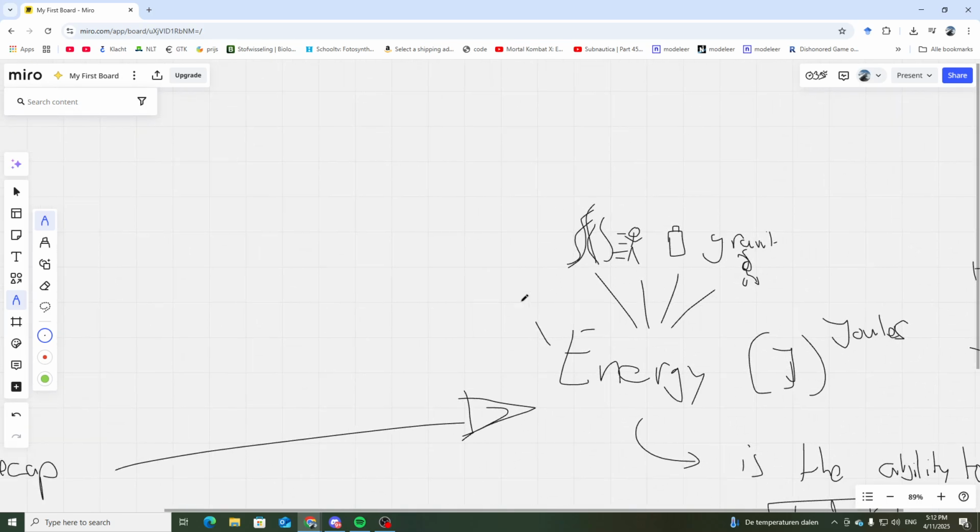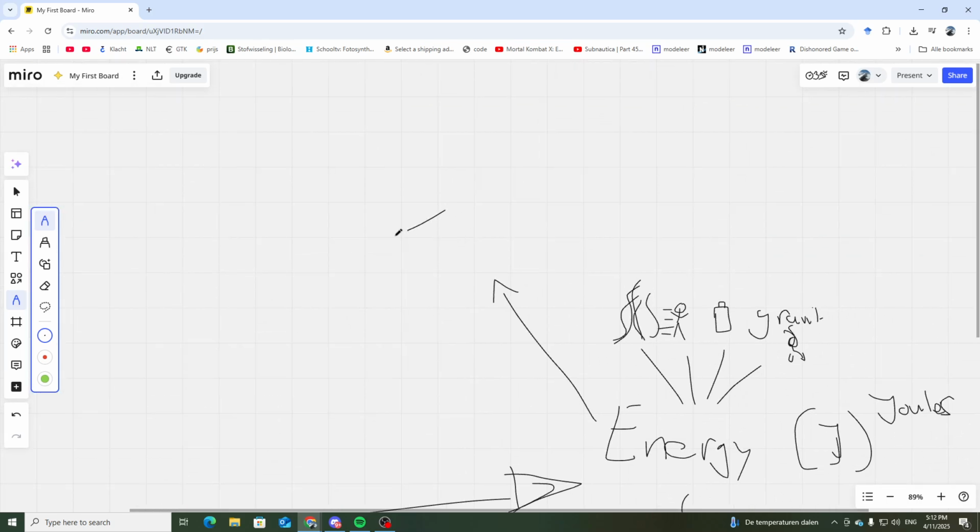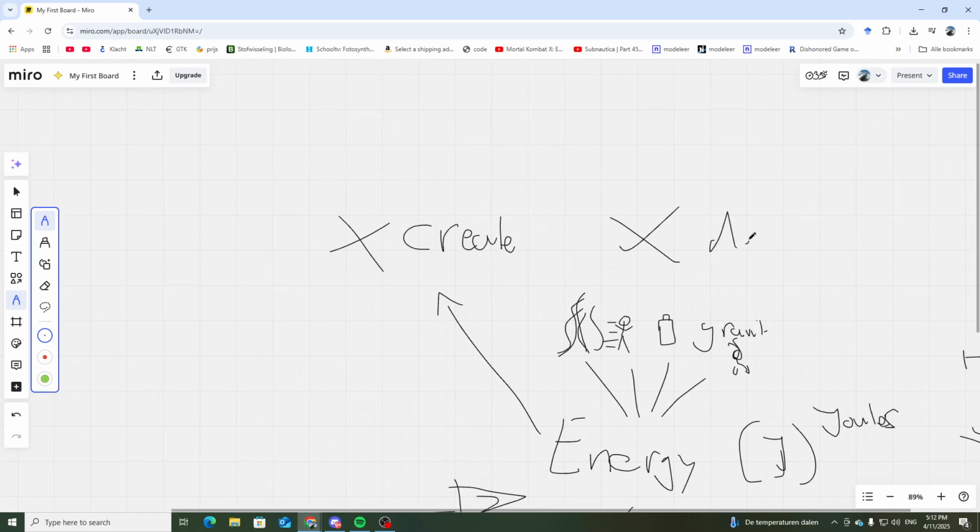What we should also know about energy is that we cannot create it and we cannot destroy it, right? Because we can only transform it. Once we have a form of energy, in the Big Bang Theory, that bang, there was energy, but where did that come from? That's difficult.